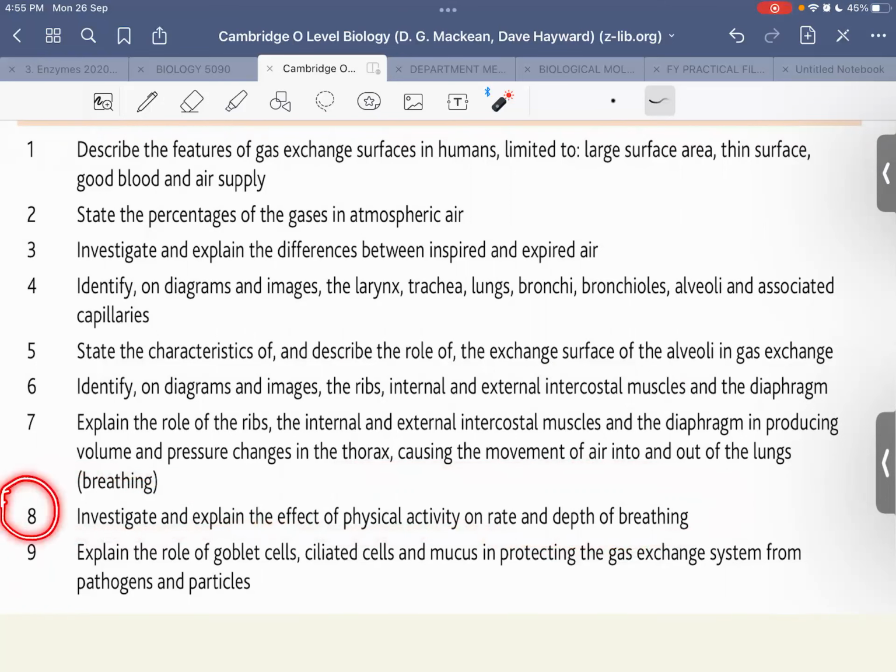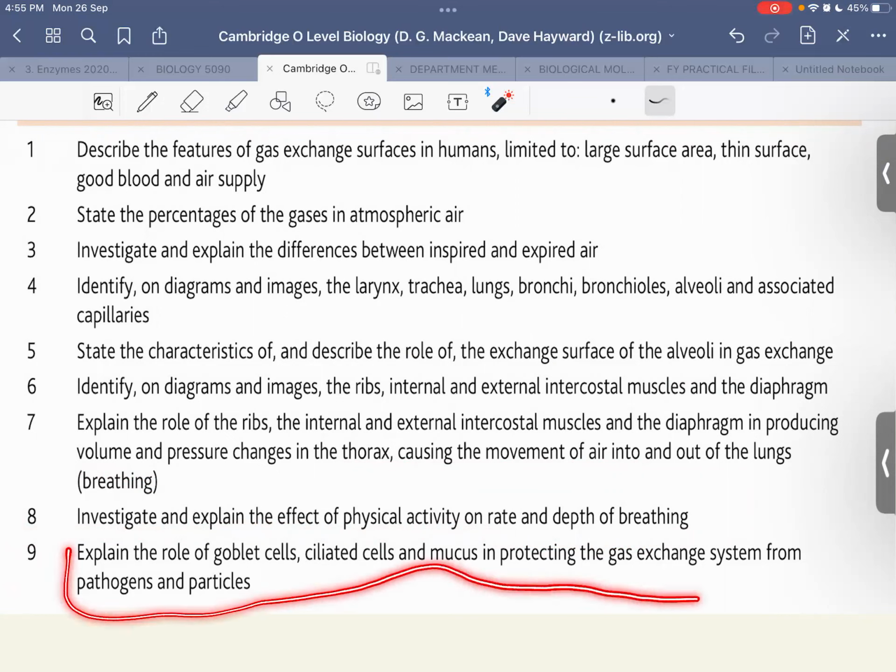Have you done this? Yes, the oxygen that we've done. Explain the role of goblet cells, ciliated cells, and mucus in protecting the gas exchange system from pathogens and particles. Done? Yeah, we just did it. So our entire chapter is finished.